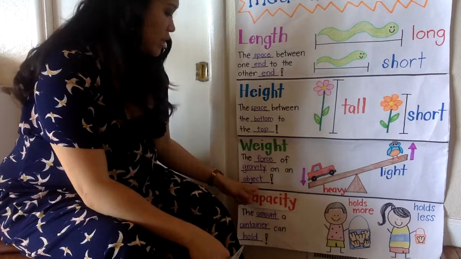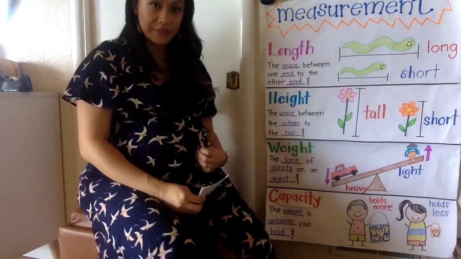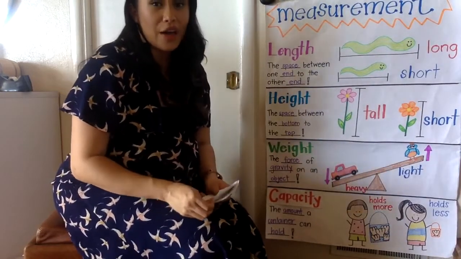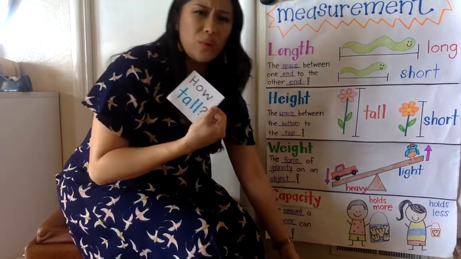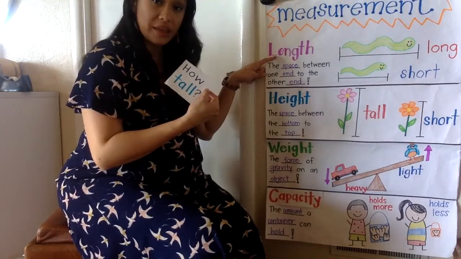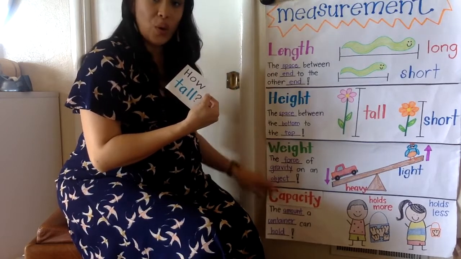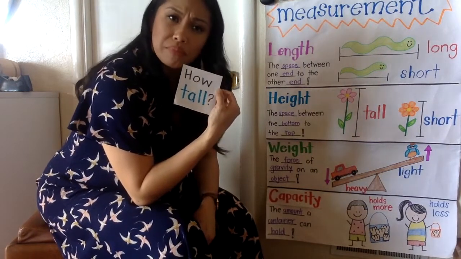Or would I want to measure for capacity? Okay, boys and girls, if I wanted to measure for how tall something is, would I use length, height, weight, or capacity? Which one do you think I would use?